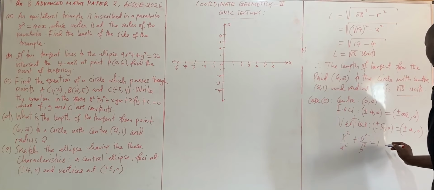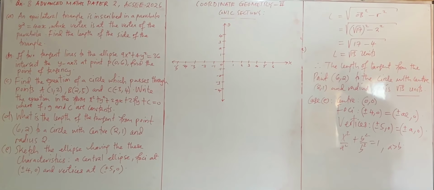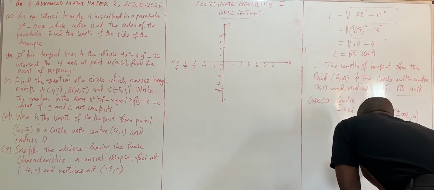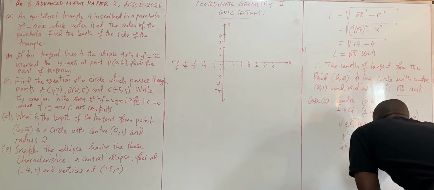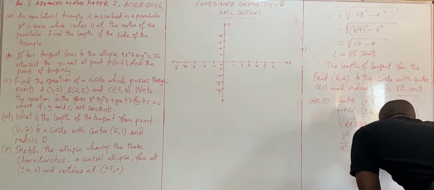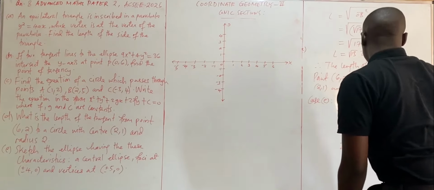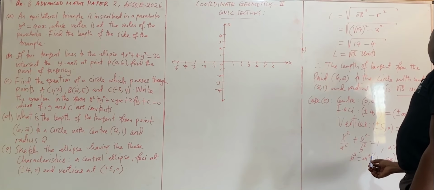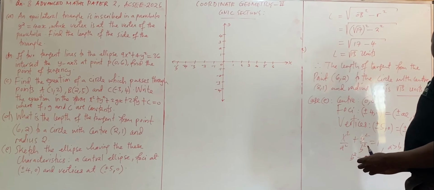So if it is along the x-axis, it means a is greater than what? Than b. a is greater than b. And if that is the case, it means b square equals a square times 1 minus e square. Yeah, it looks this way. So you can just find the value of b from here.